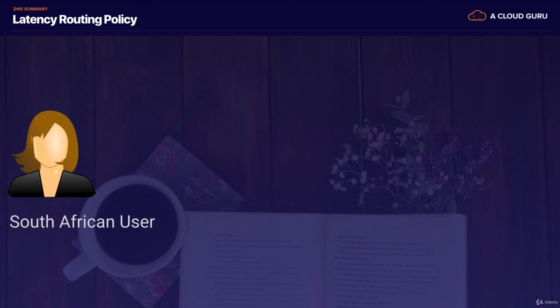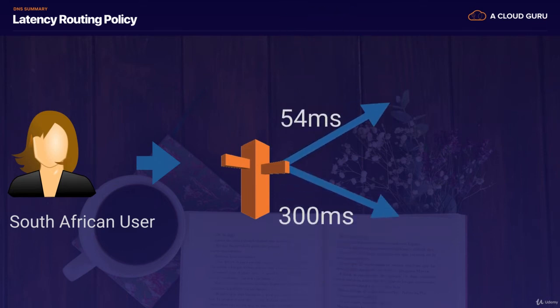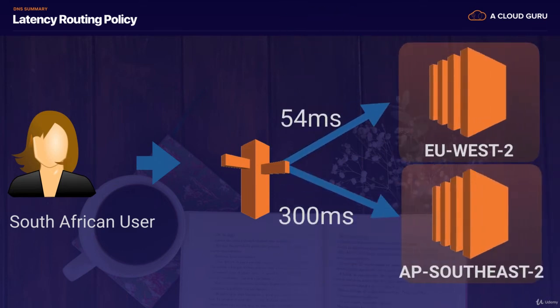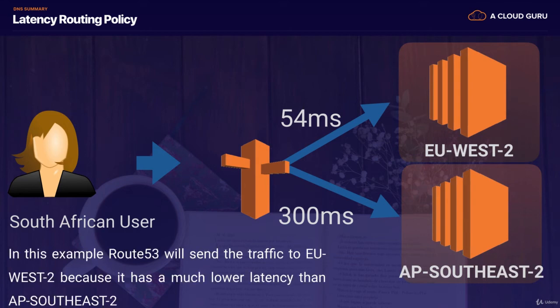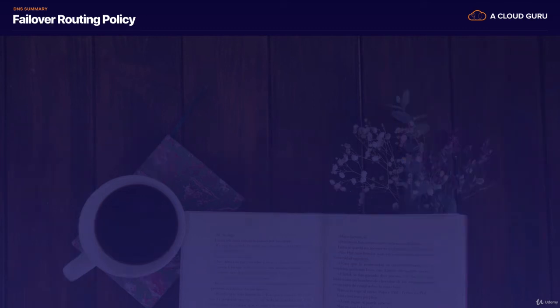Latency-based routing is based on our user's location and the latency. So our South African user is going to visit our website. It's behind Route 53 and essentially they're going to get 54 milliseconds if they use EU West 2, 300 milliseconds if they use AP Southeast 2. So of course Route 53 is going to send them to the fastest fleet of EC2 instances first, which is going to be EU West 2.